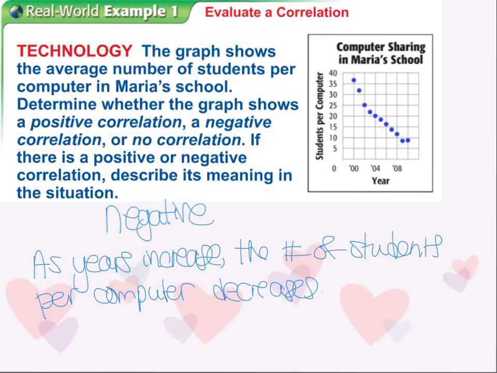So the interpretation again, we'll talk about as the years increase. We're always going to talk about how the x values increase, what happens to the y? So as these years are increasing, the number of students per computer is decreasing.